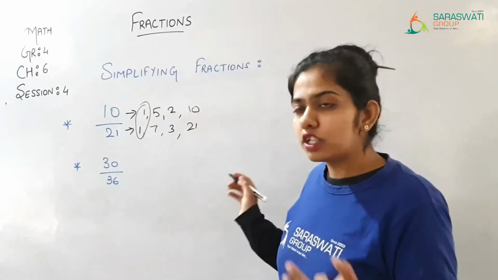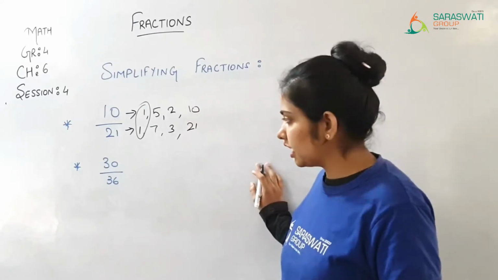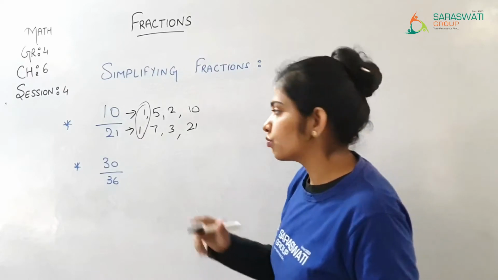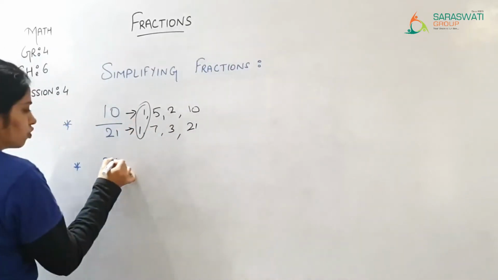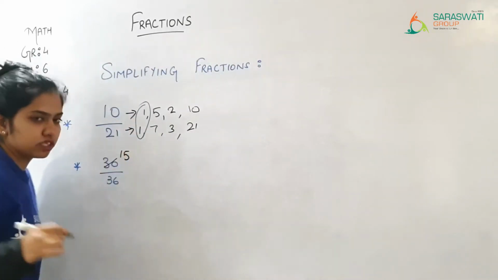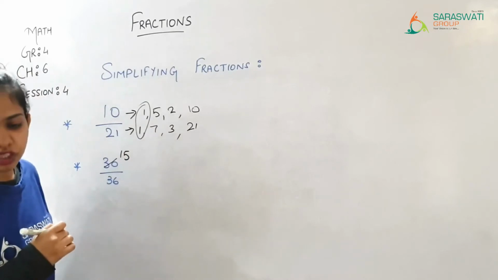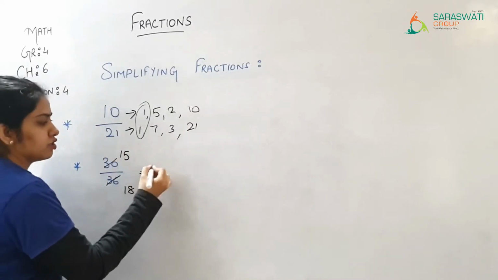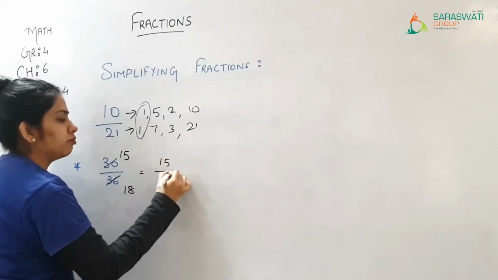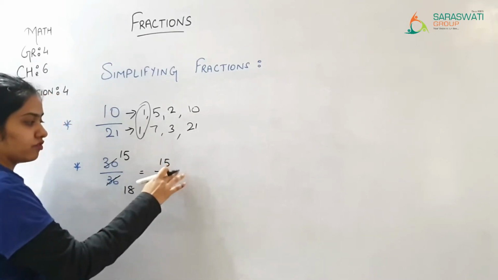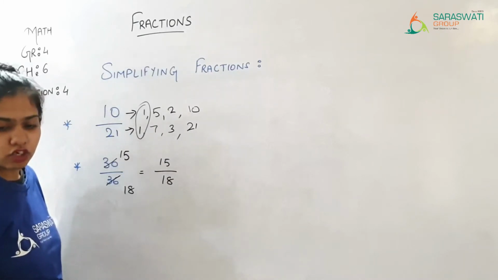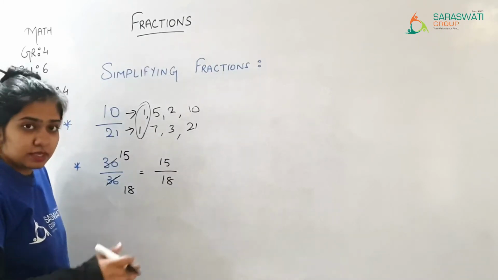If you know the table, then you can write it directly. So 2 15s are 30, and when does 36 come? That is 2 18s are 36. So here I have written 15 by 18. Now we can simplify 15 by 18 also. Yes or no? Yes, we can simplify.